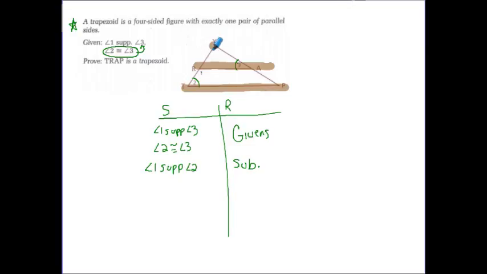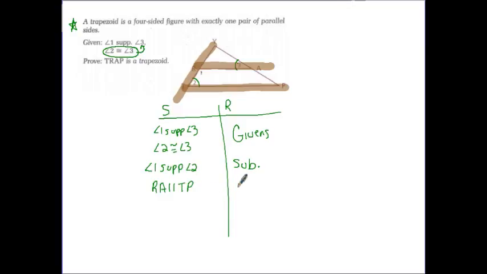Now, let's look at those two angles. They're on the same side of the transversal, inside of my lines, which makes them same side interior angles. And I know that if same side interior angles are supplementary, then my lines are parallel. So I'm going to say that RA is parallel to TP.